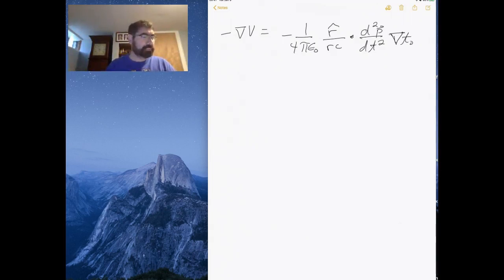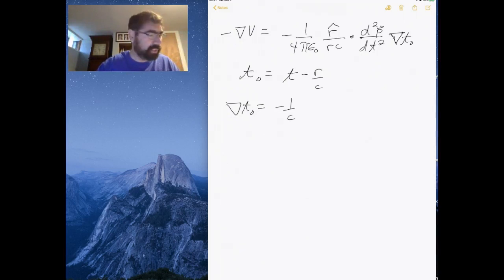So now we can take a look at the time. The time that we're measuring is time t minus t0, where t0 is the origin time and t is now. And so r over c is the time it takes the radiation to move from the source to where I'm measuring. So if we apply the chain rule to that, what we get is minus 1 over c, the gradient of r, which is minus 1 over c r hat.